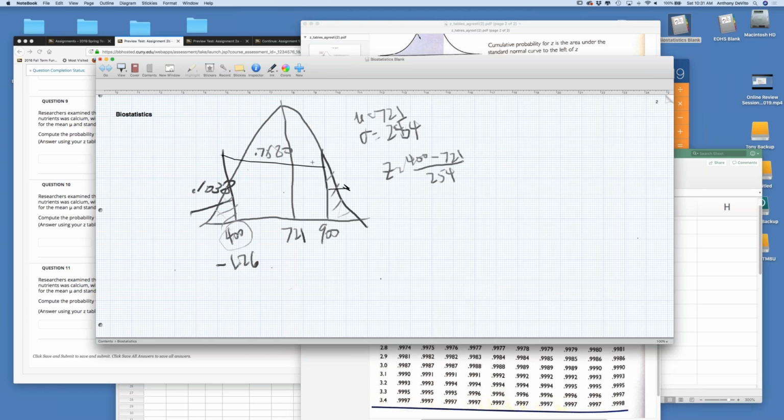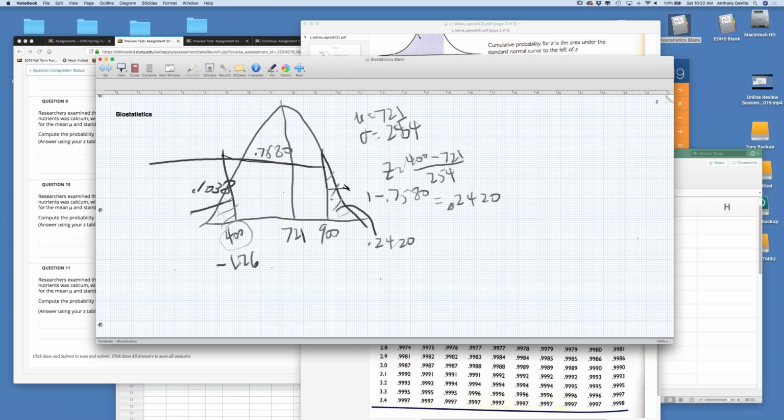Well, what does that leave if this whole area from here all the way down is 0.7580? What does it leave here? Well, it leaves 1 minus 0.7580, or in other words, it leaves 0.2420. Yep, that's right. So this area here will be 24.2%.